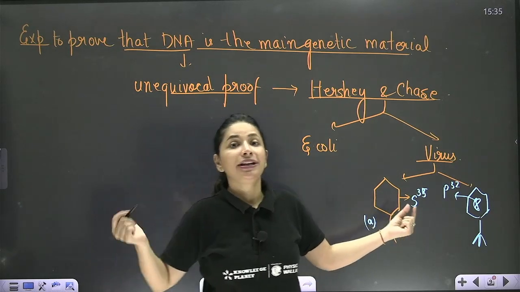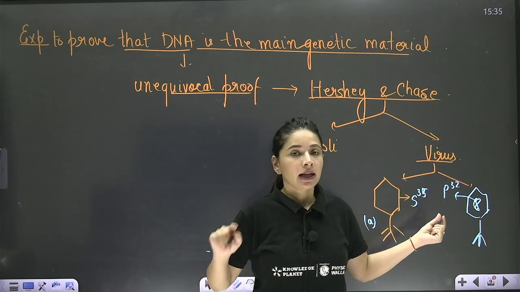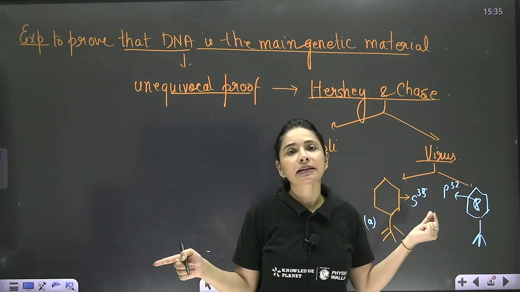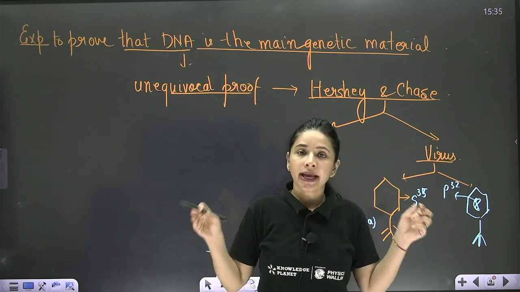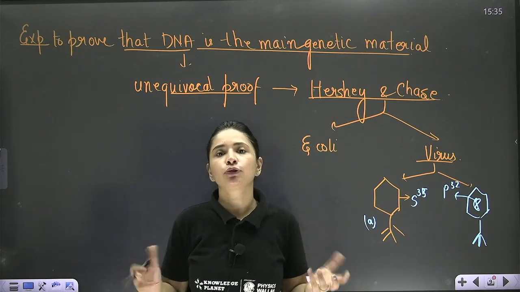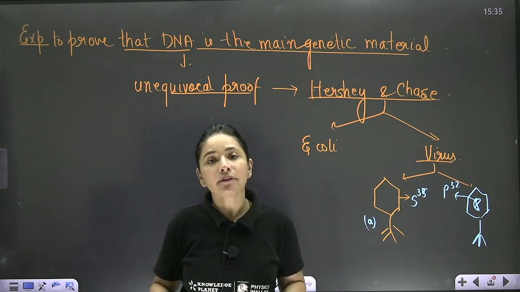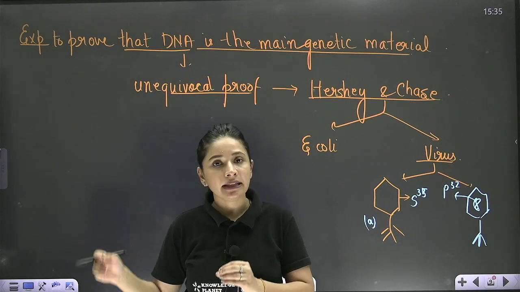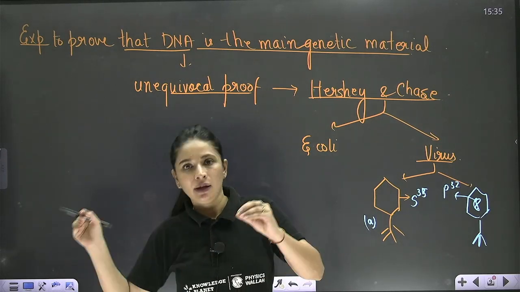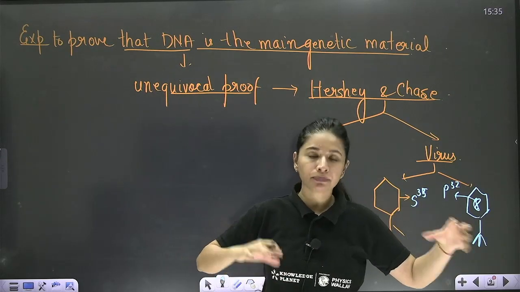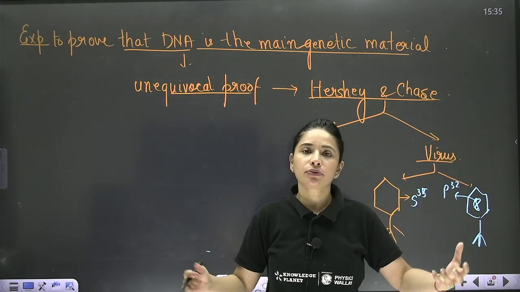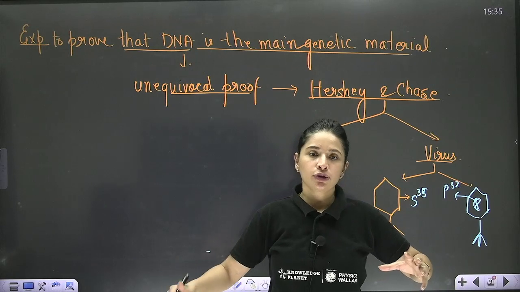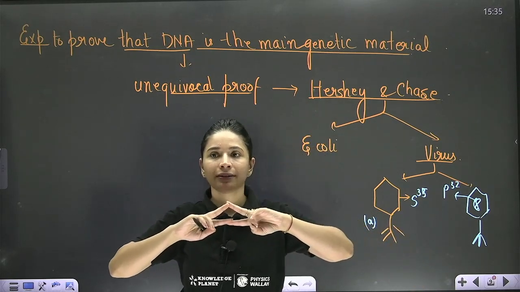However, if DNA is the genetic material, then P32 will enter inside the bacteria. And this is the only thing which we have to detect over here. We just have to detect what is entering inside the bacteria in the form of genetic material, whether it is radioactive sulfur or radioactive phosphorus. So we just have to make out this thing.